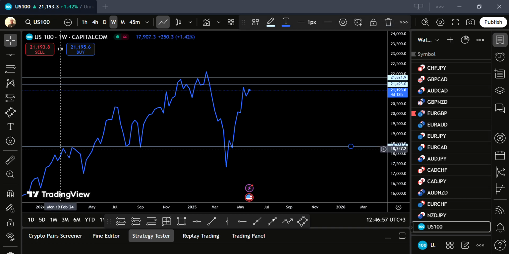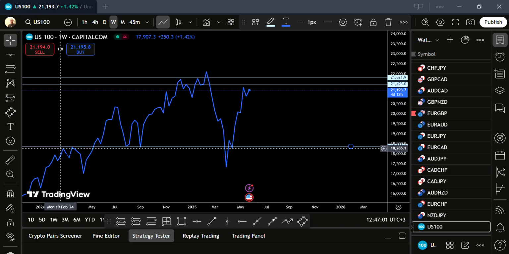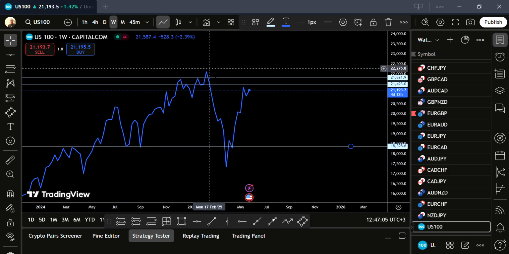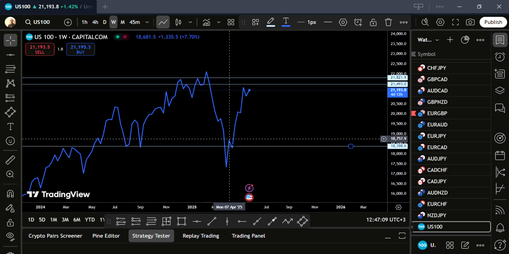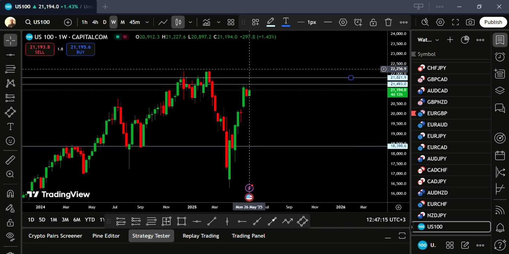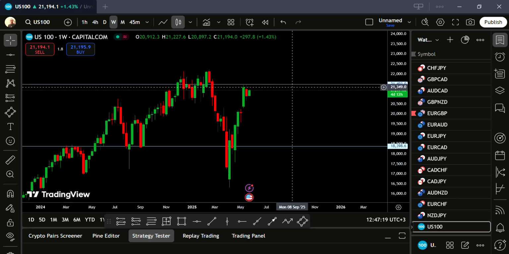It used to be support, broke out, resistance, broke out, support, then support, it went up. So it came and broke, then resistance, then support, it went up. Okay, so what do we have here? This one we are going to delete because it is still far from price action. So what do we have here?